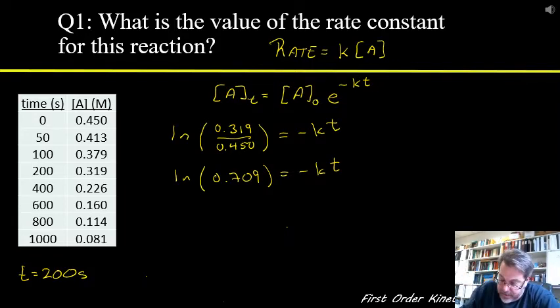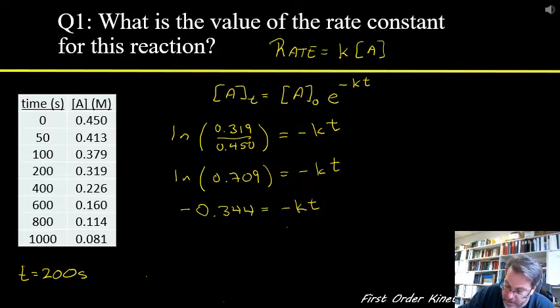Use your calculator, take the log of 0.709 and get negative 0.344 equals negative kt. Then if we just divide both sides by -1 or multiply both sides by -1, it doesn't matter, our negatives will cancel. Then we can divide both sides by t, because we're trying to solve for k.